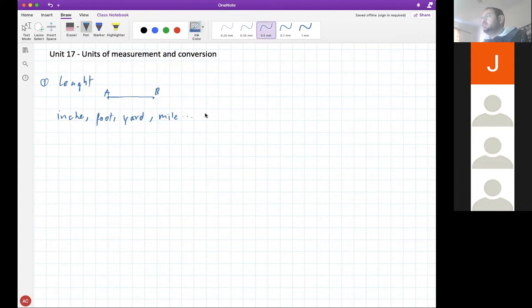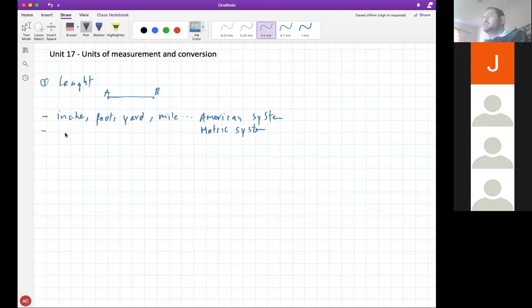This is the American system, which is not the international system of units or the metric system. For the international metric system of units, we don't use inches, feet, yards, and so on, but we use different units.